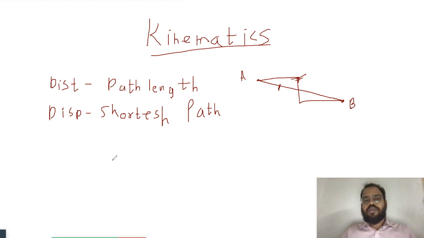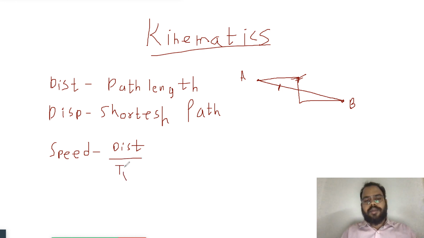Okay, let's move on to the next definitions. The next thing that you want to know is speed. So what is speed? Speed is simply distance per unit time.